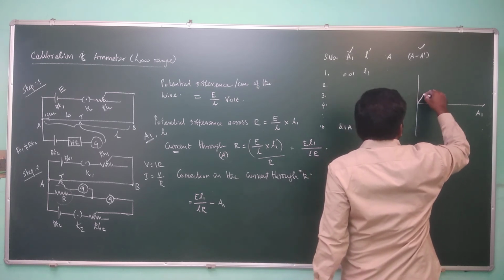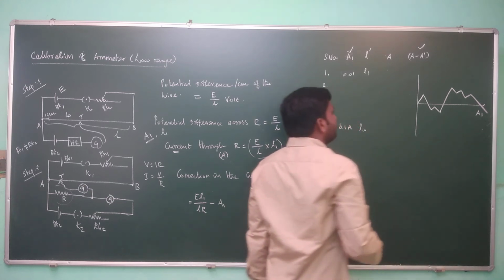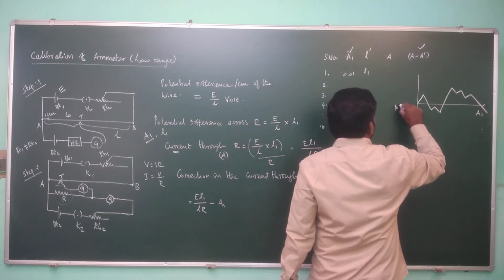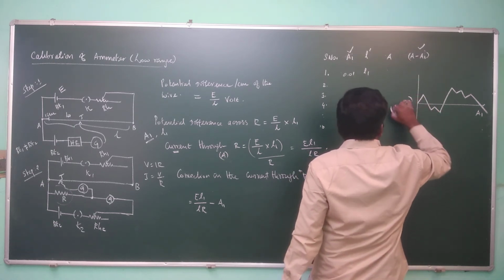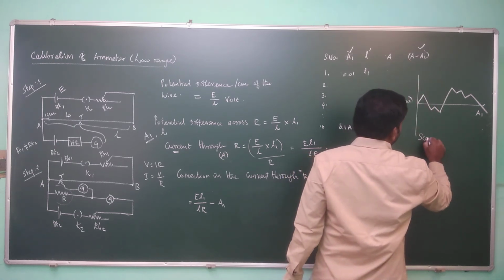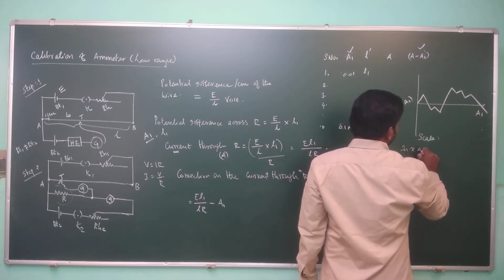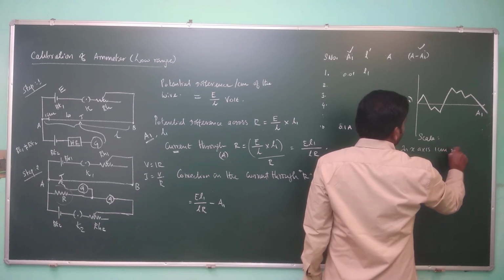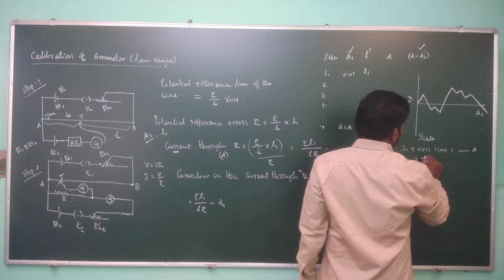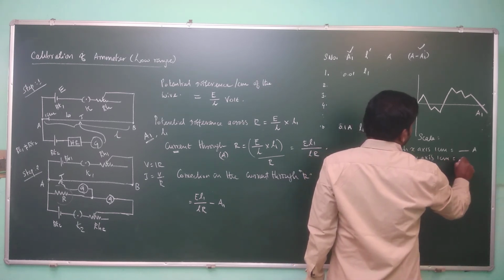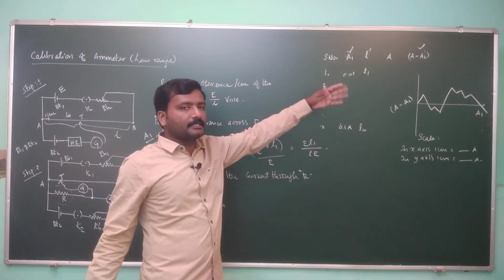So here it is A minus A1, not A prime, on the y-axis. You need to write the scale whenever you draw the graph: on the x-axis, 1 centimeter equals how many amperes, and on the y-axis, 1 centimeter equals how many amperes. These things you have to write, and you will get a comparison graph.